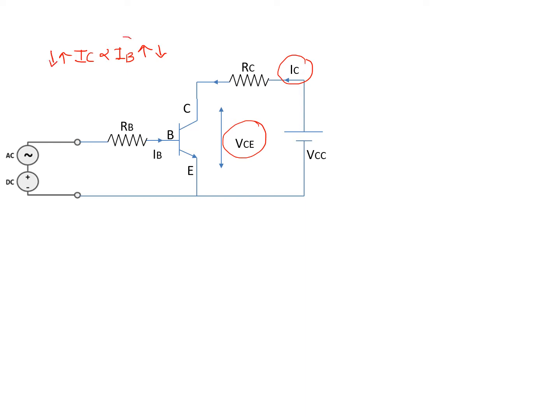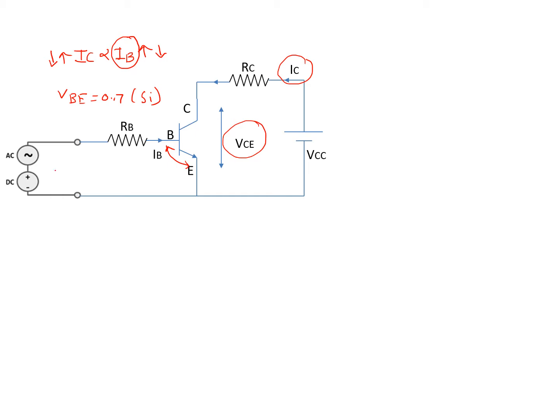Now this IB, how do we get it? The base emitter voltage of the transistor, known as VBE, is 0.7 volt if it is a silicon transistor, and it is 0.3 volt if it is germanium. Let us assume this transistor is silicon.